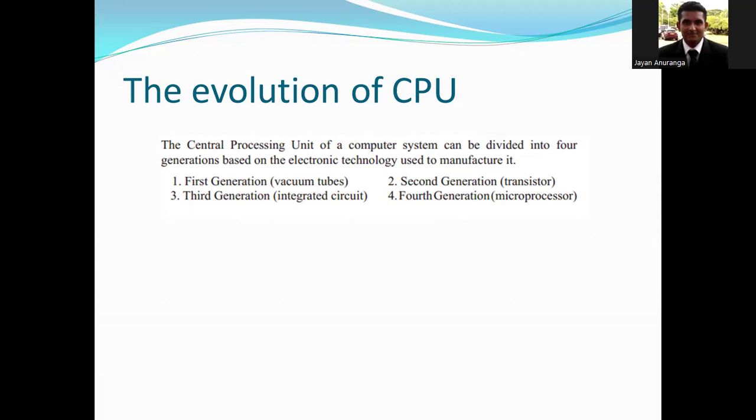Then with the invention of the transistor, the CPU was developed using transistors. Then the IC, integrated circuits, was invented and used to develop the CPU. Then the fourth generation considers the technology of the microprocessor.